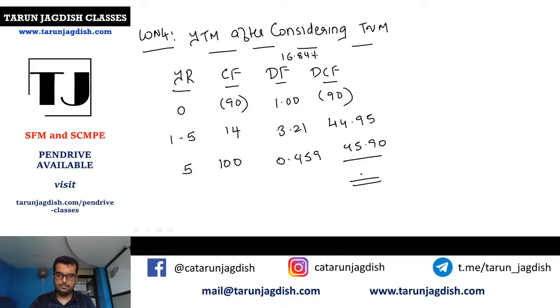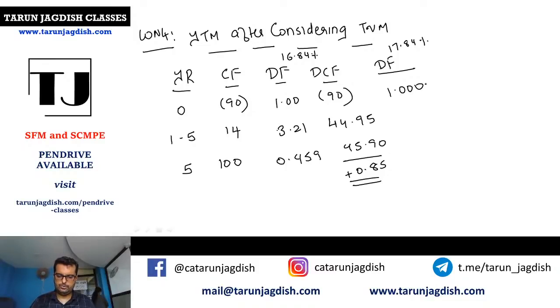So my NPV will be plus 0.85. Now since I've got plus 0.85, I will have to change it and I'll write the next discount factor as 17.84% so that I get a negative NPV. 1 divided by 1.1784. Okay.